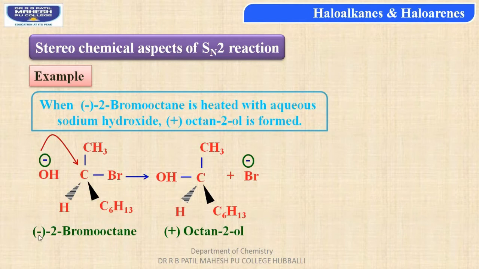Initially, the reactant molecule was levorotatory, that is (-)-2-bromo-octane, but the product, students, is (+)-octan-2-ol, that is it is a dextrorotatory compound. Thus we can conclude that if SN2 reaction occurs, then inversion of the configuration takes place.